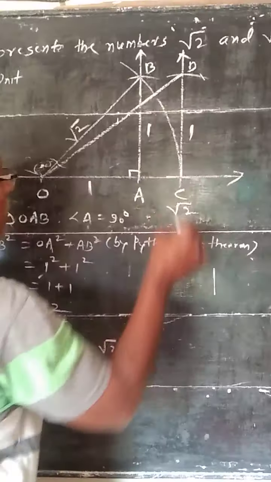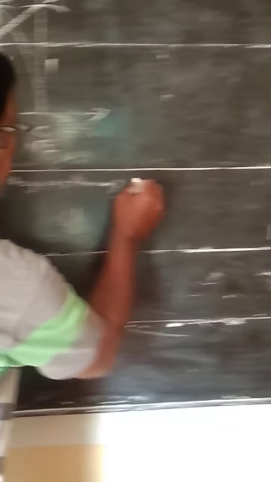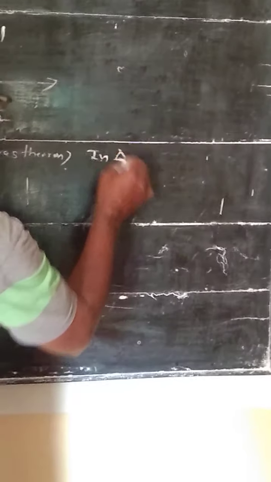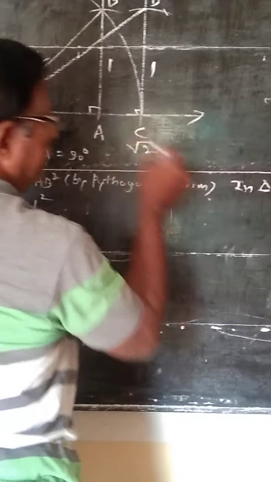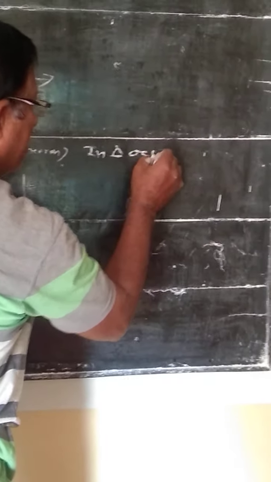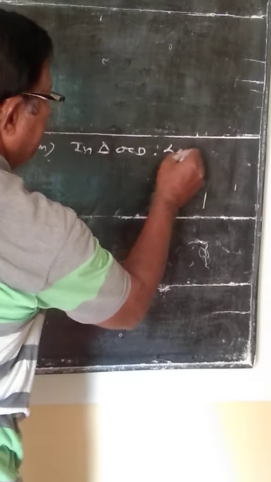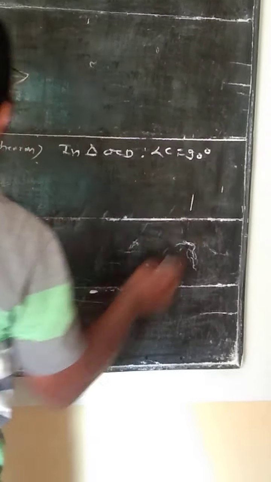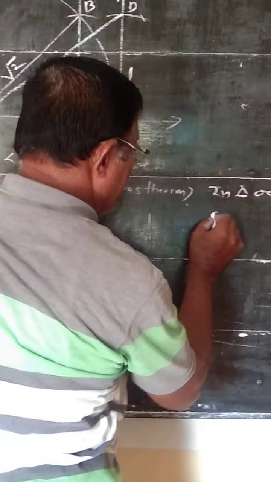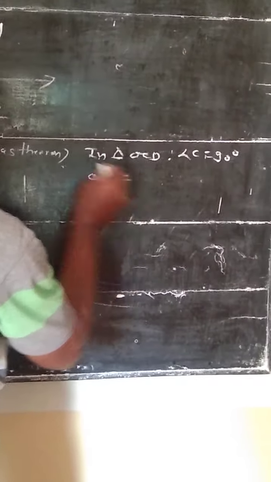Then this distance is 1. In triangle OCD, angle C is 90 degree. OD is the hypotenuse. OD square is equal to this OC.